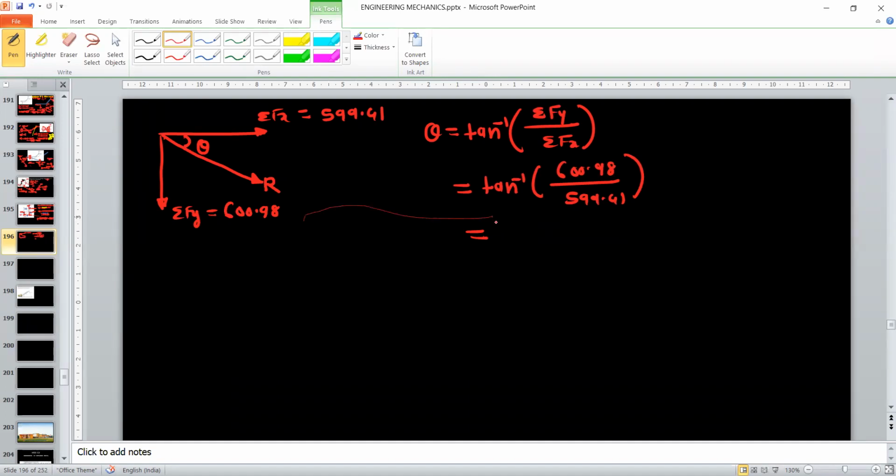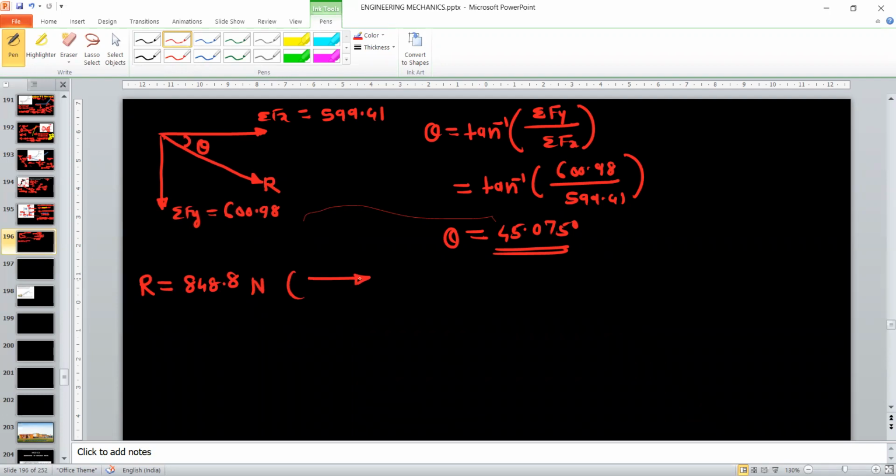So theta is 45.075 degrees. So you can write R is equal to the resultant magnitude, this is 848.8 Newton, and this is the direction.